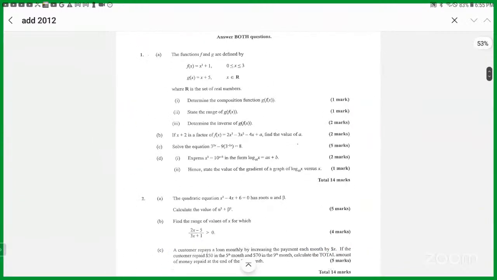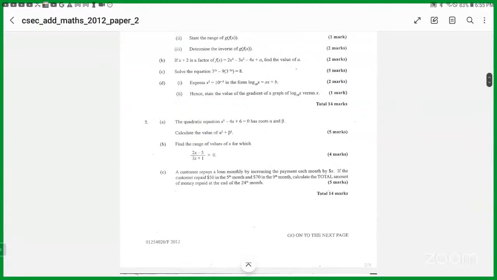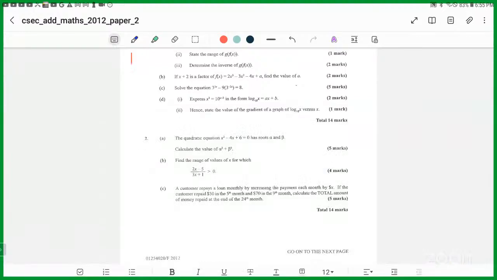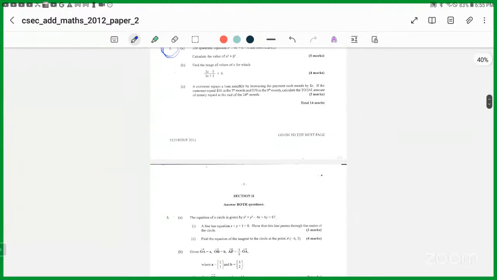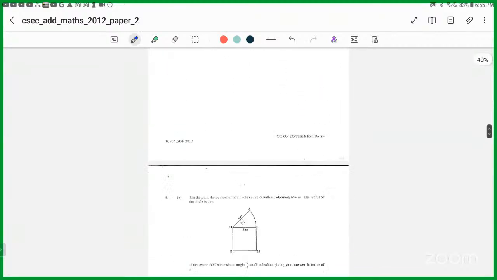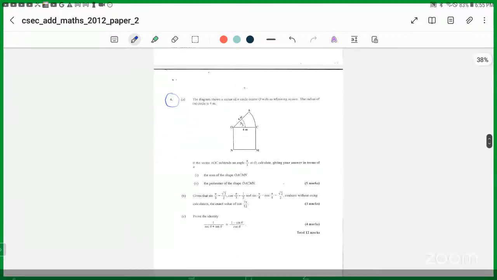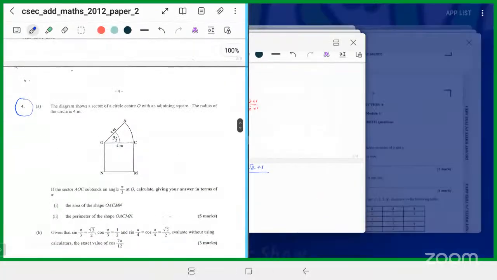So we're doing number 2 and number 4. I'm doing this question right here. Number 2 and I think number 4. All right. So can I write on this? So let's bring up a blank page.